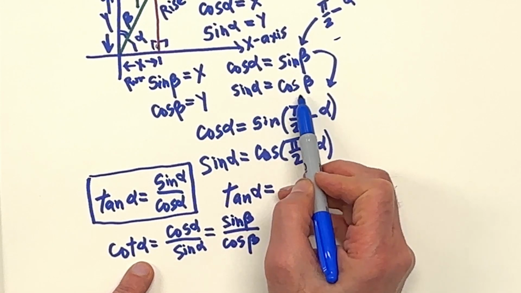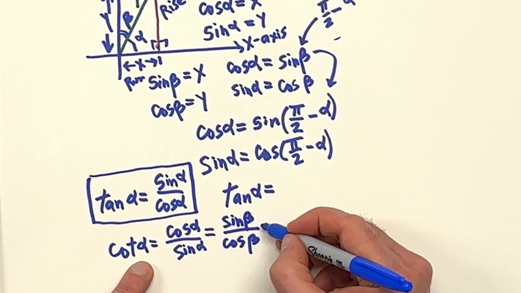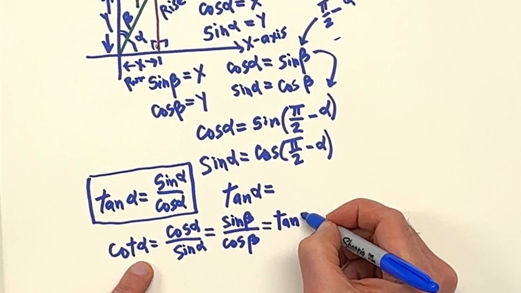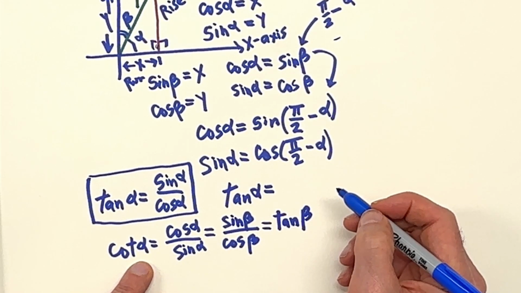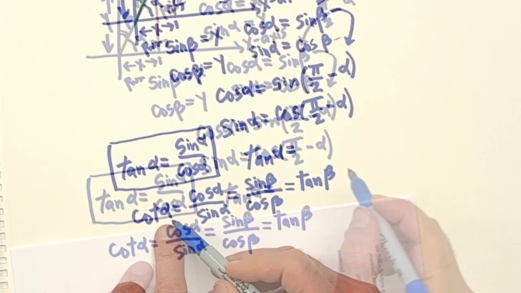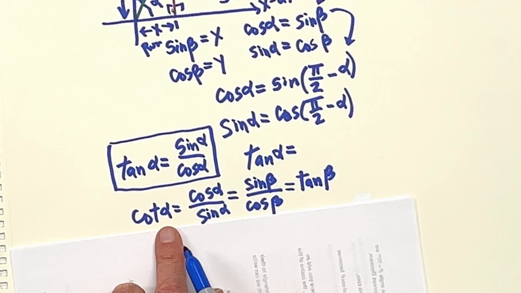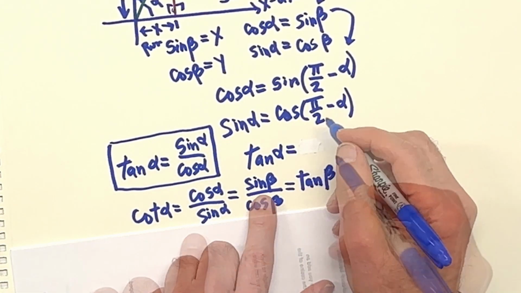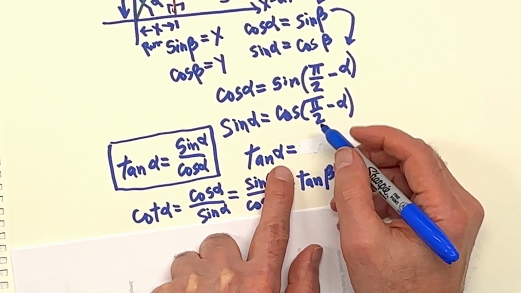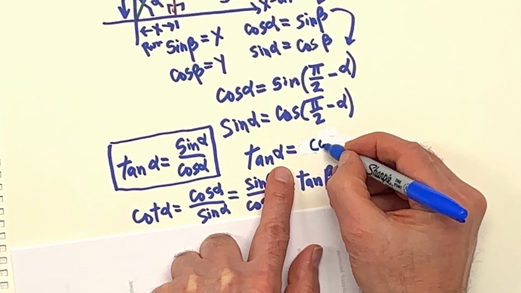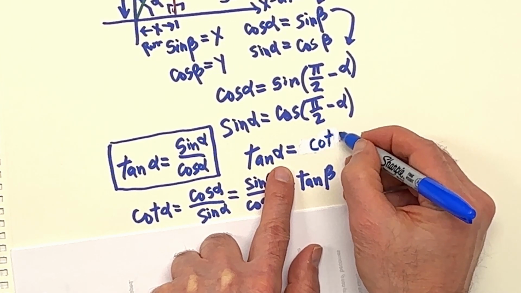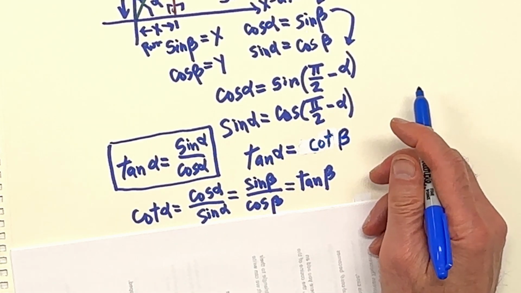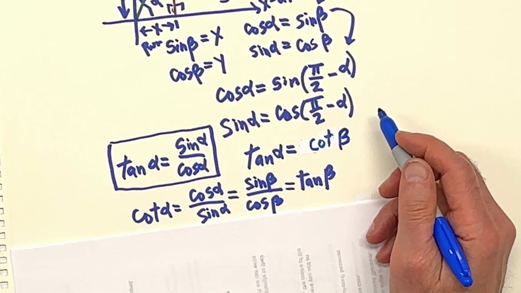So the cotangent of alpha is equal to the tangent of beta. The neat little rule here is that the cotangent of alpha is equal to the tangent of the complement. So I can write the tangent of alpha as the cotangent of beta. It's a nice little relationship there.